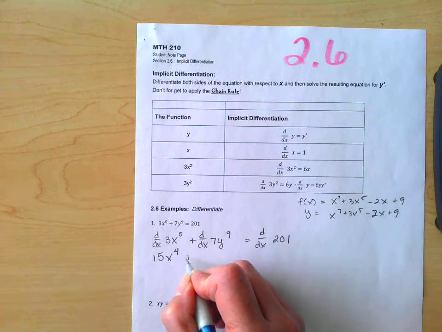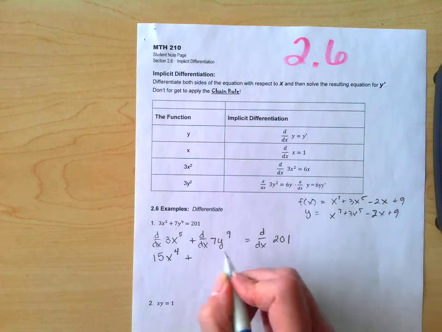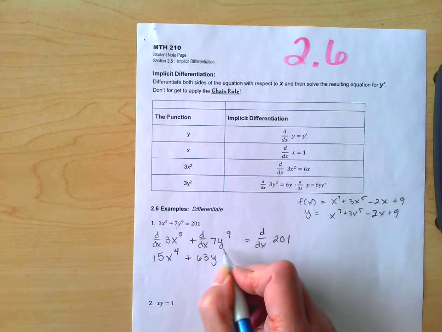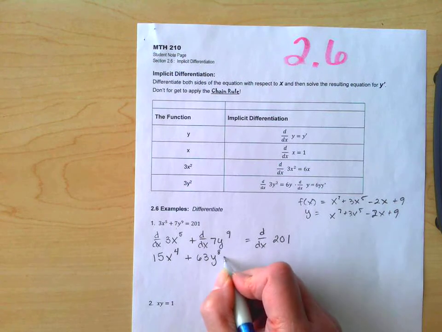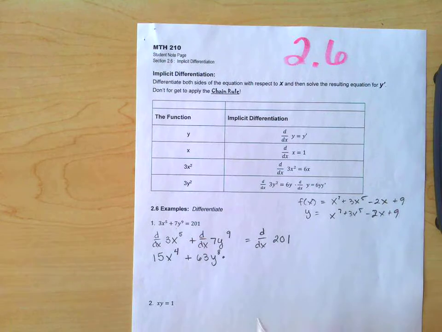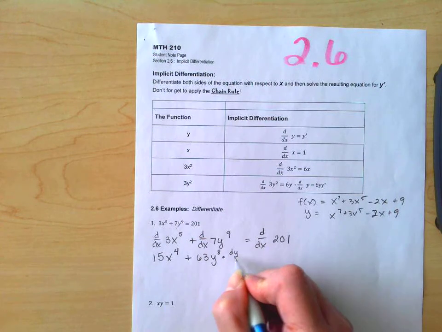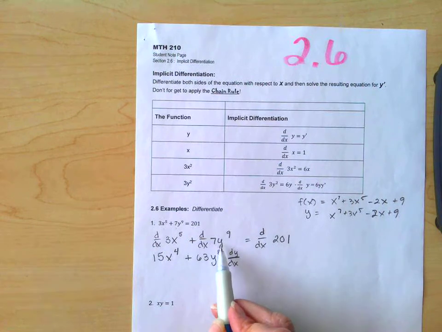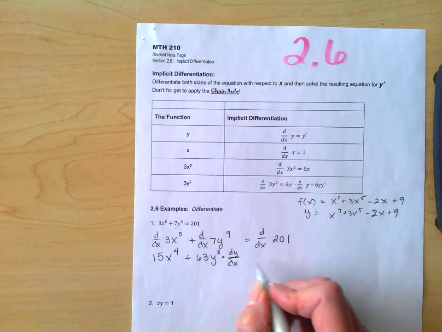So that's going to be 7 times 9, 63, y to the 9 minus 1, or 8. But then we've got to do the derivative of y with respect to x. We've got to go back and do the derivative of what it was that was raised to the 9th, which is a y.